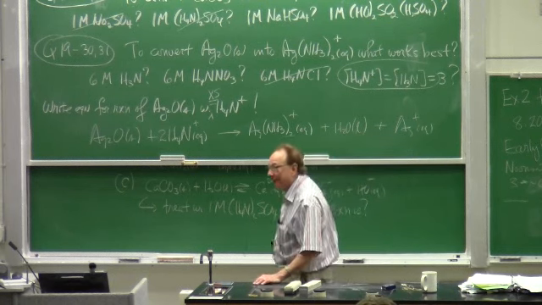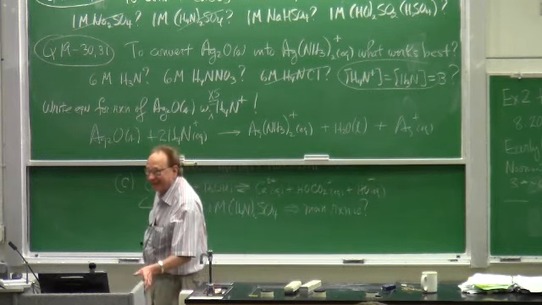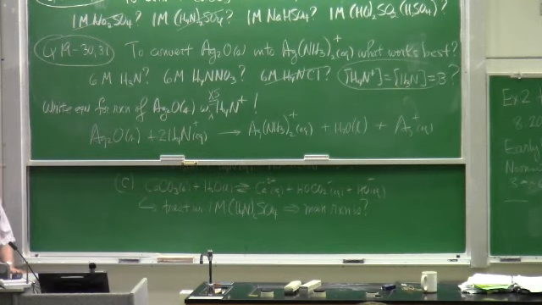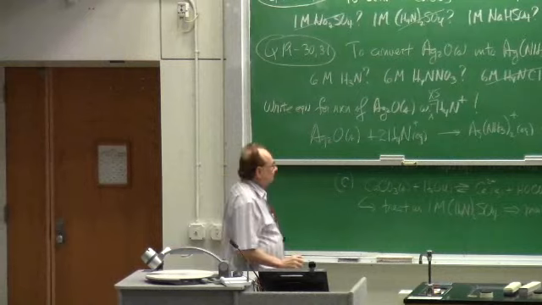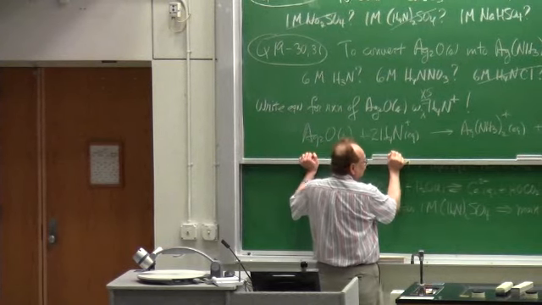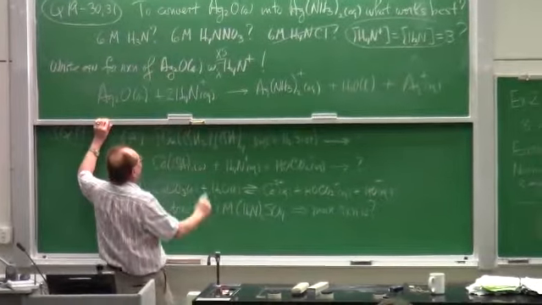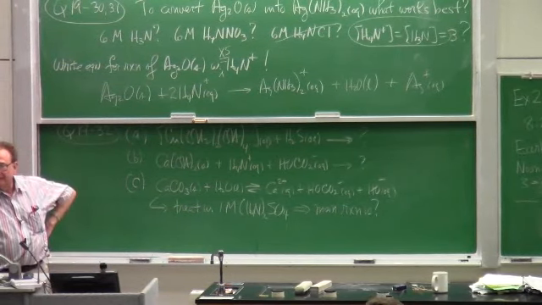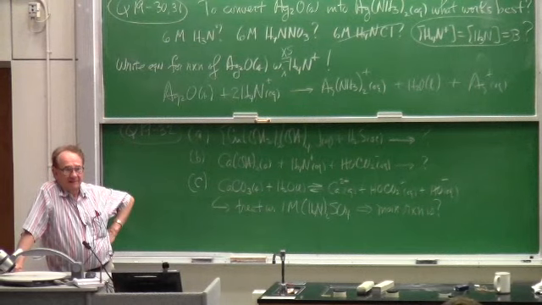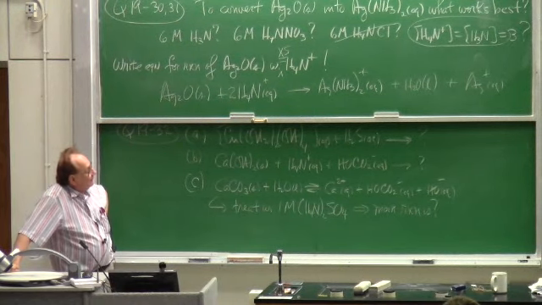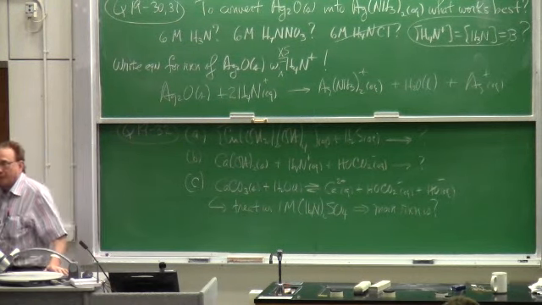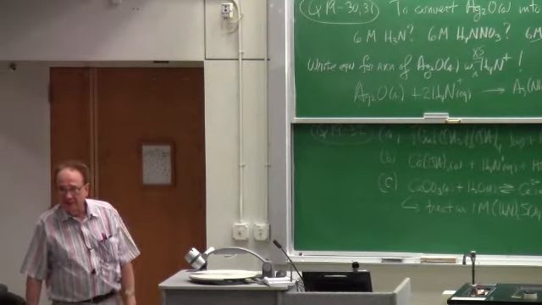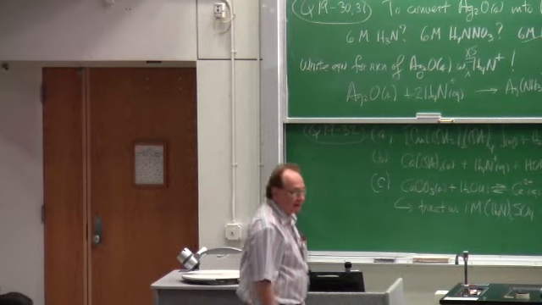And now I can write an equation. Because now I recognize what all the products are. Does this look like an equation? What I'm asking you is, is this a balanced statement? If it's a balanced statement, it's an equation.